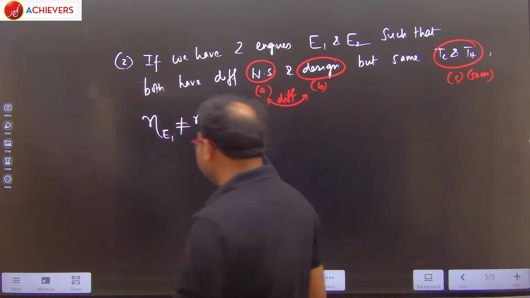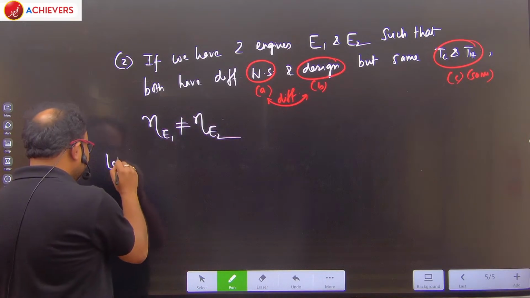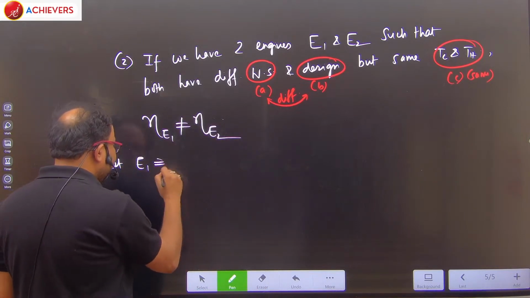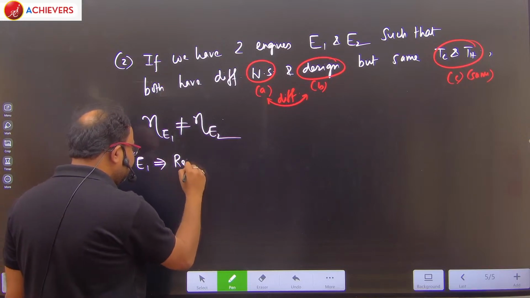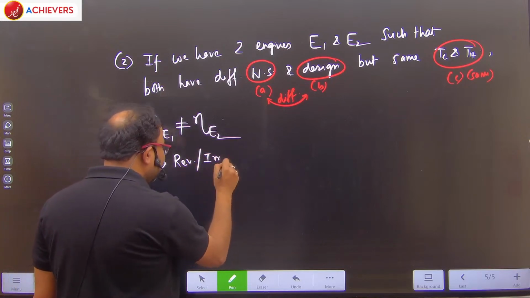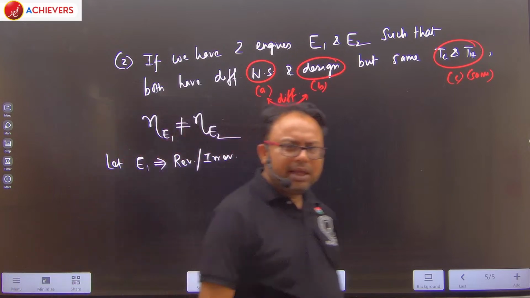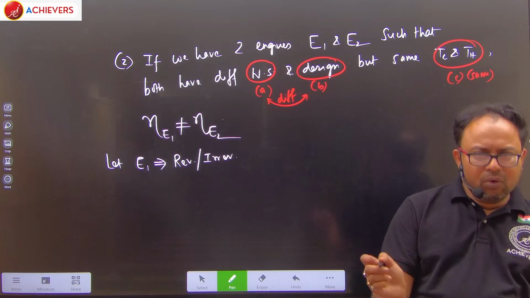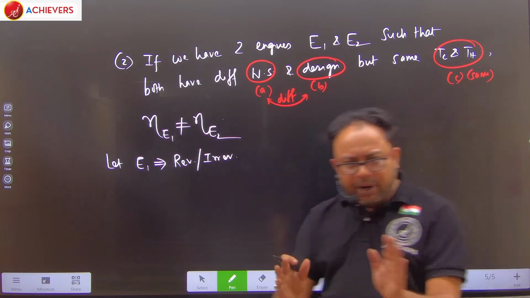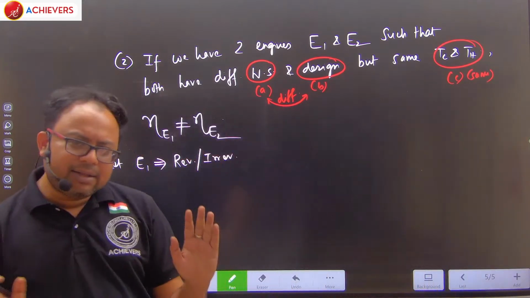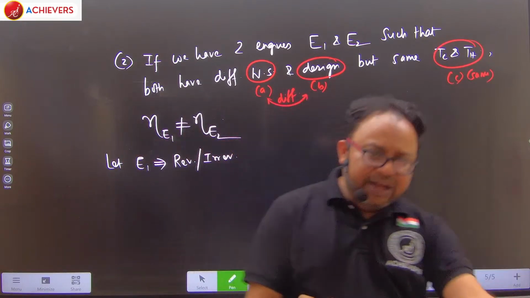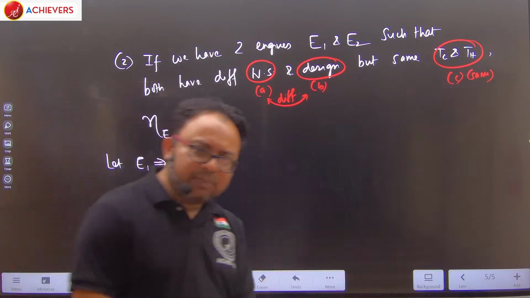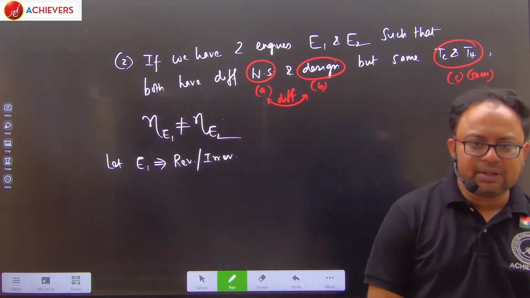Now, here let us consider, let E1 be reversible or irreversible. Let us have both the options. E1 can be a reversible engine, it can be an irreversible engine.